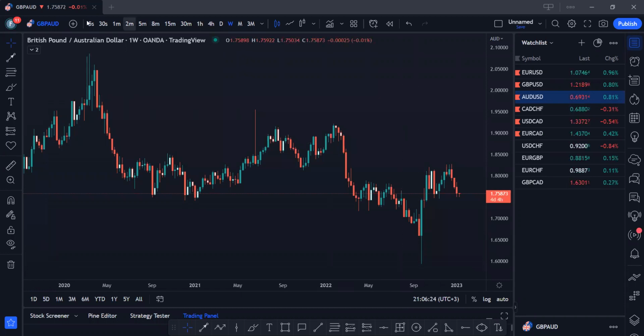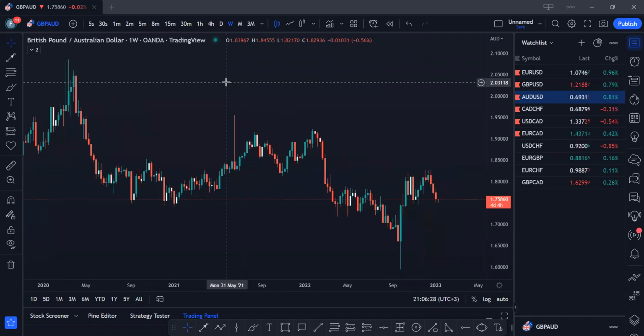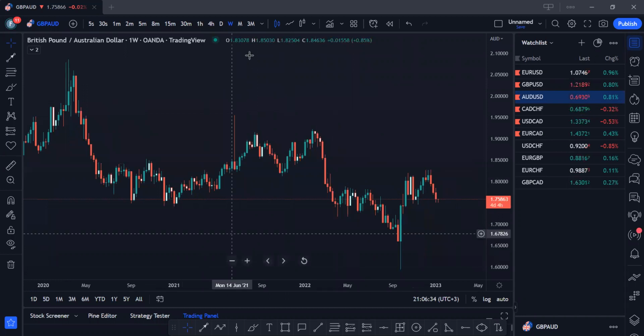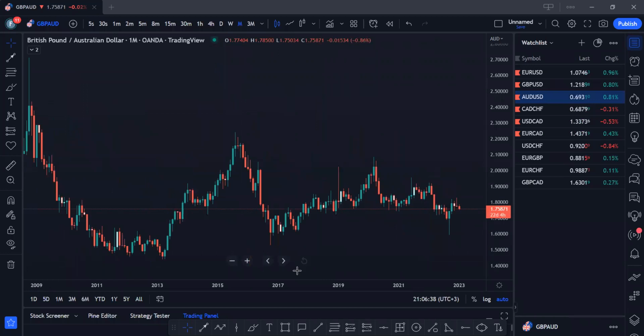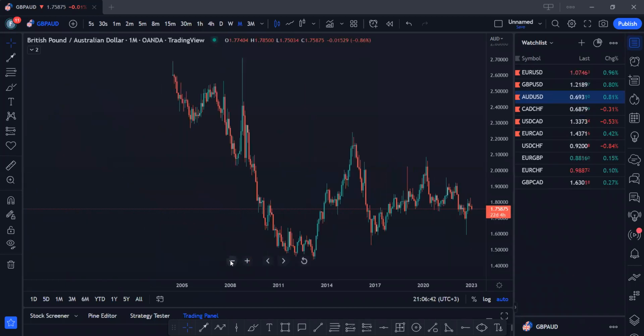So GBP AUD, what's going on the weekly chart over here? So let us check this out. Let me go to the monthly on this and check out something. So this is GBP AUD. What do we have here? Okay.